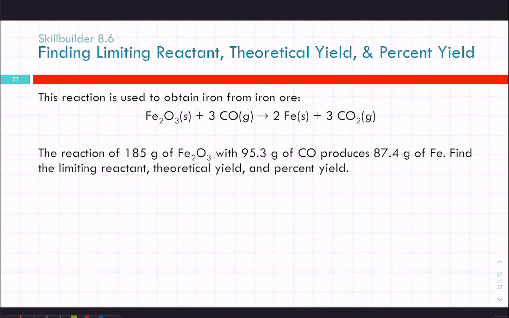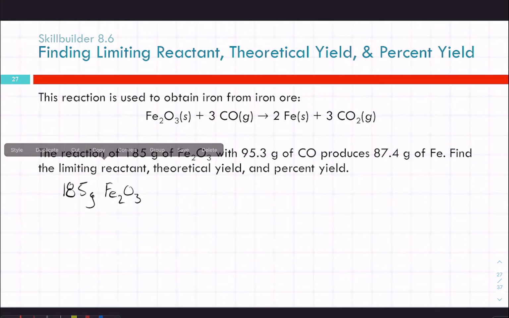So again, since we're still doing a limiting reagent problem, we're still doing stoichiometry, we start exactly the same way with the quantities, the masses in grams that were given. So 185 grams of iron oxide, and 95.3 grams of carbon monoxide.